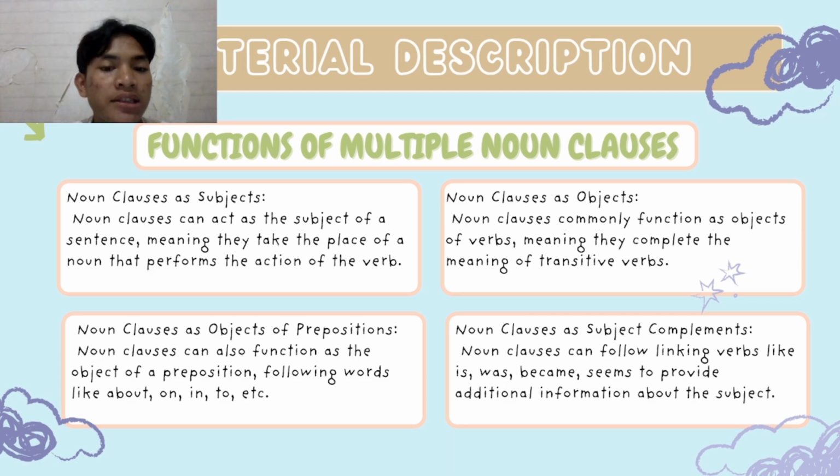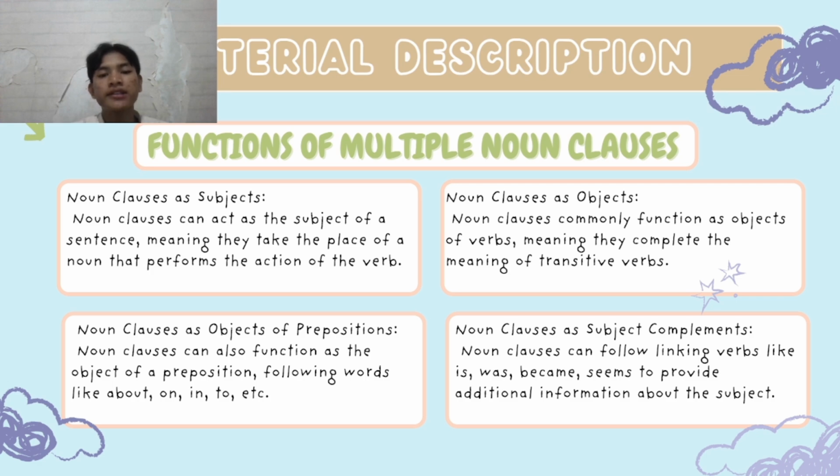One is as subject. Noun clauses can act as the subject of a sentence, meaning they take the place of a noun that performs the action of the verb. 2. As object. Noun clauses commonly function as the object of verbs, meaning they complete the meaning of transitive verbs. 3. As object of a preposition.